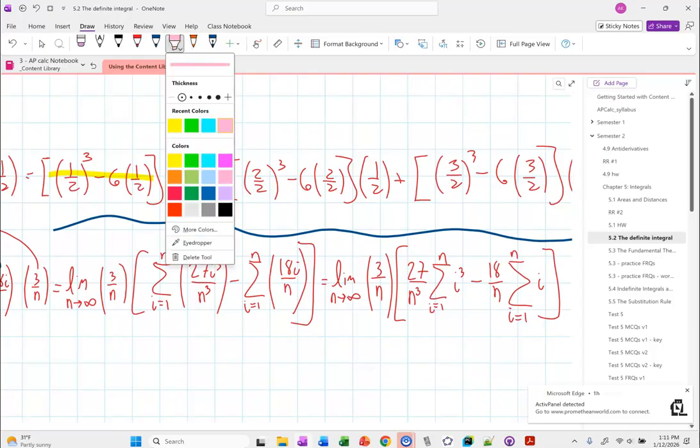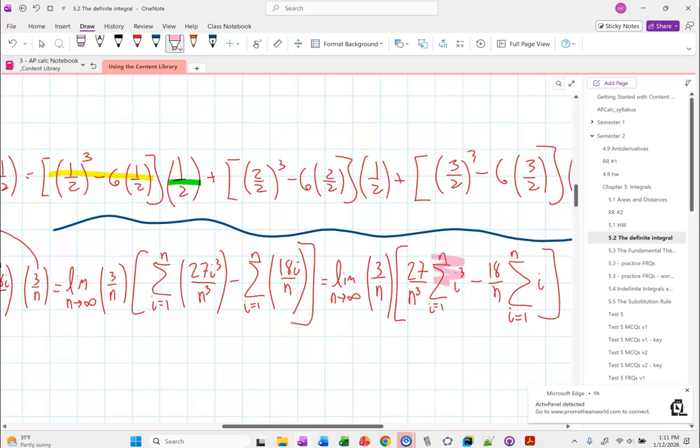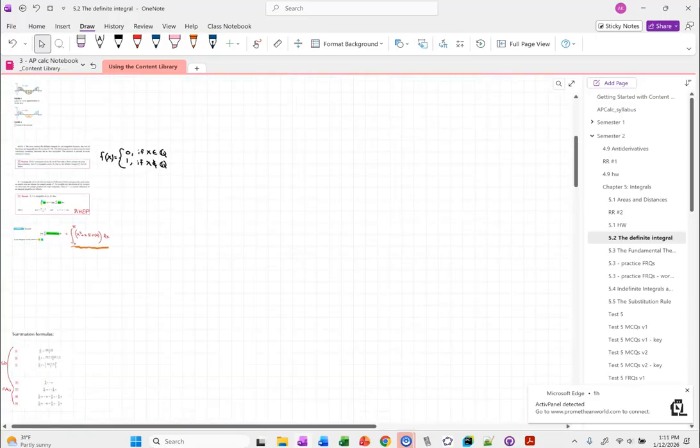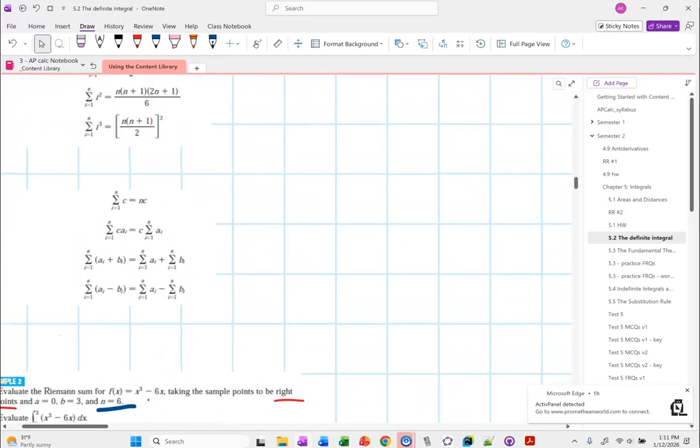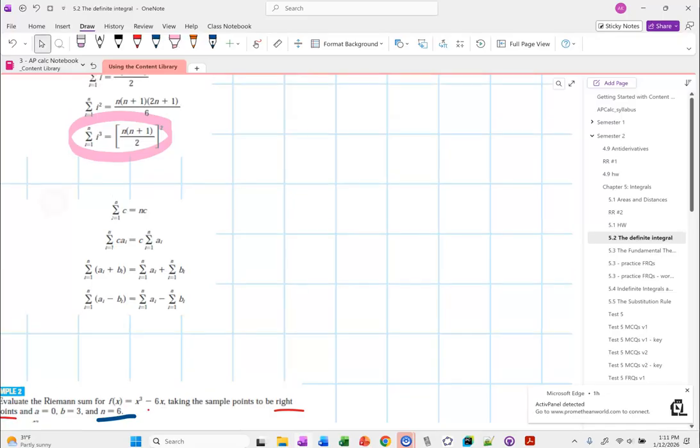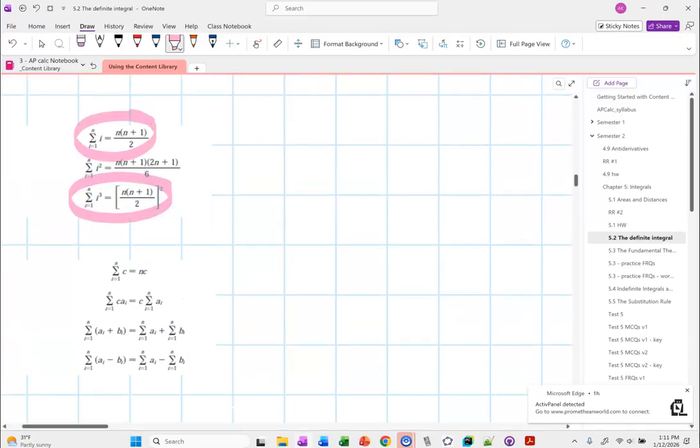Now I'm in business, because this I recognize here. So I can replace that sum of i cubed with that expression. And I also had a sum of i, which I can replace with that expression. So I'm going to go ahead and make that substitution now.